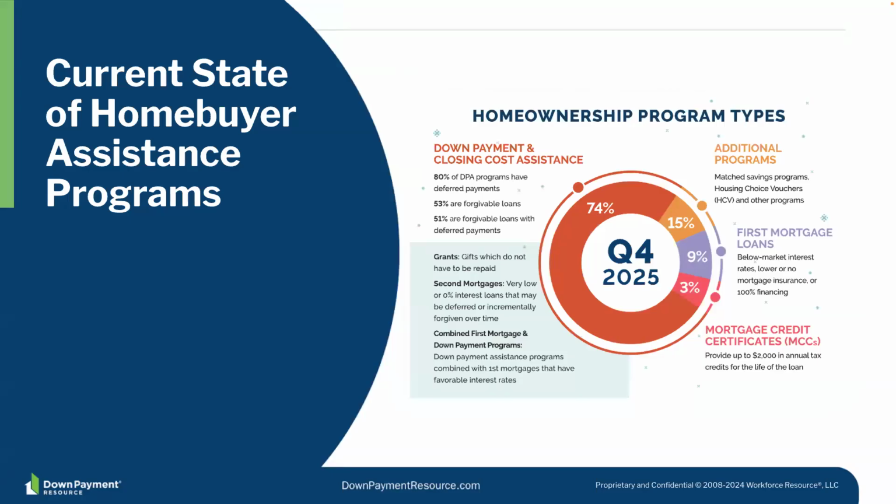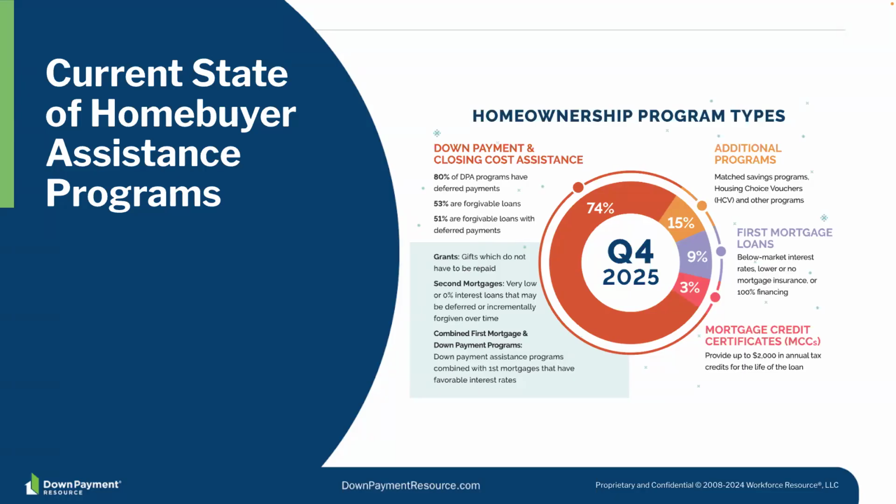So I'd like to start with a quick overview of homebuyer assistance programs. We publish a quarterly report called the Homeownership Program Index Report, where we take stock of what's available across the country and look at developing trends. This is, like we like to say, a snapshot of our directory, really. Based on our Q4 2025, our most recent report, we found that of all the homebuyer programs available, 74% are some form of down payment or closing cost assistance.